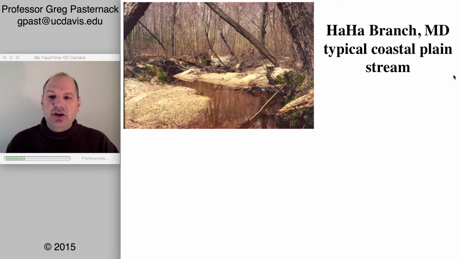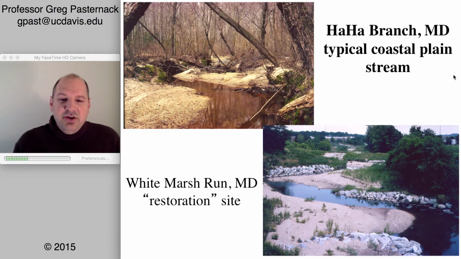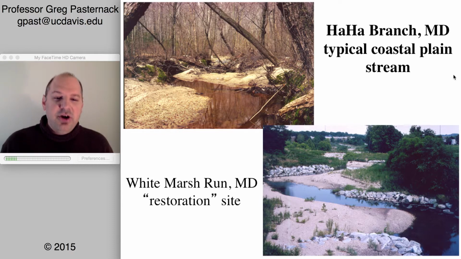Now let's take a look to see what they did when they rebuilt White Marsh Run. When you look at those two photos, they're remarkably similar. Look at the size of the streams, and granted I don't have a lot of size indicators, but the shape, it's just stunning. Except you can see some of the indicators of why we're deep in the uncanny valley.